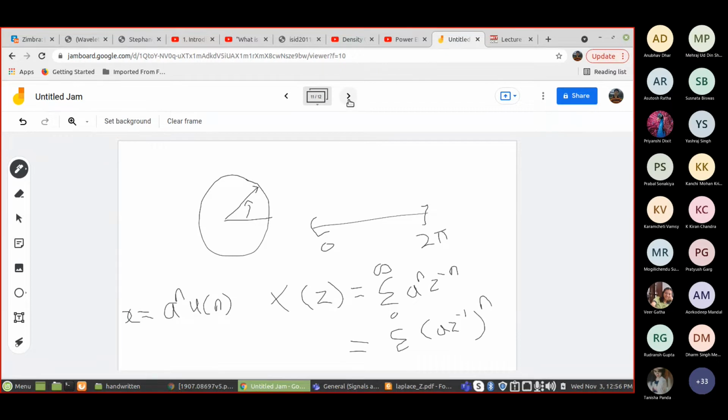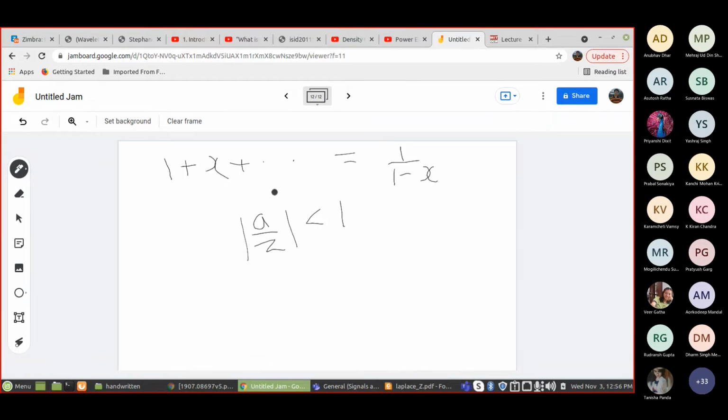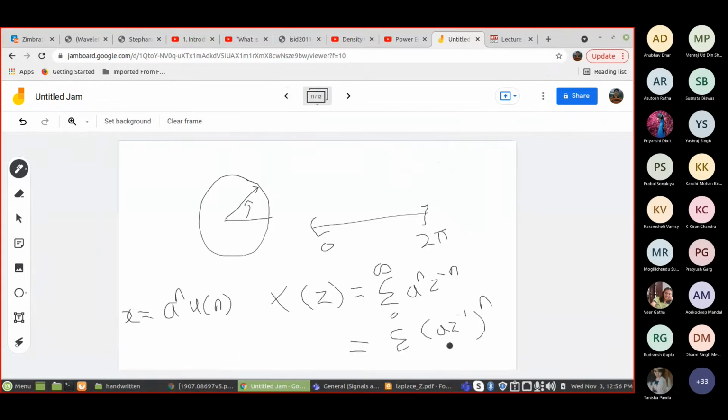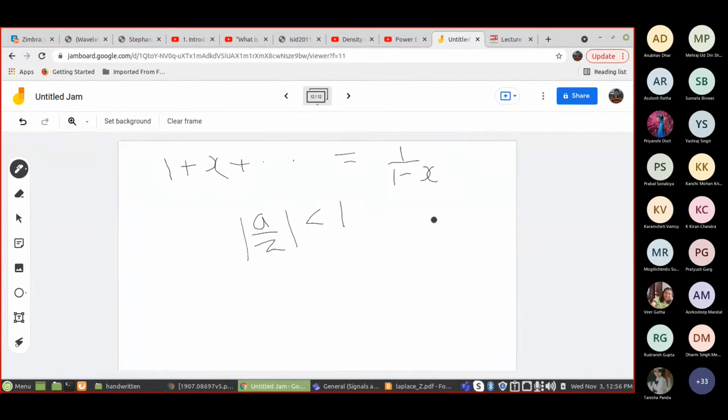So this is our ROC, and let's write down this power series in terms of this expression. So this is 1 over 1 minus a z inverse. Okay, so this is the Z transform, and this is the ROC.